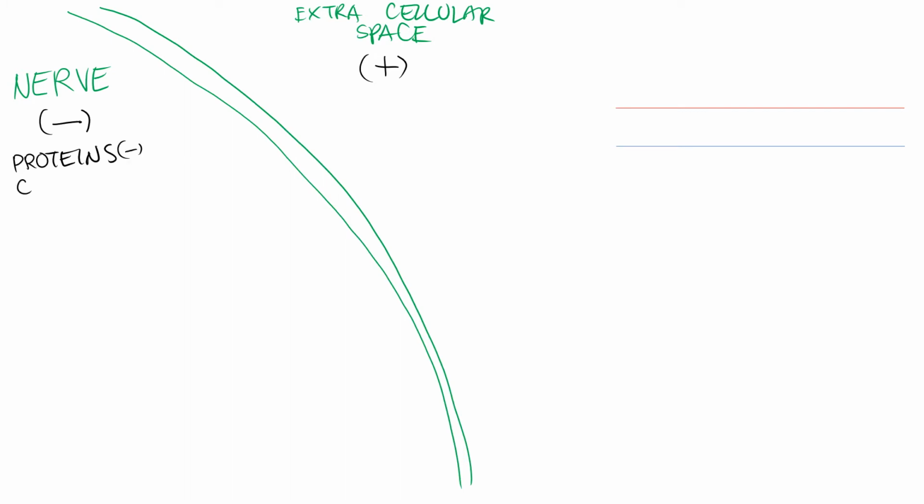You have ions like chlorine, okay, and although you may have some bit of sodium inside, you have a lot more sodium outside. And sodium, as we know, is positively charged. Inside the cell, you might have more potassium than outside, but this is quite small.